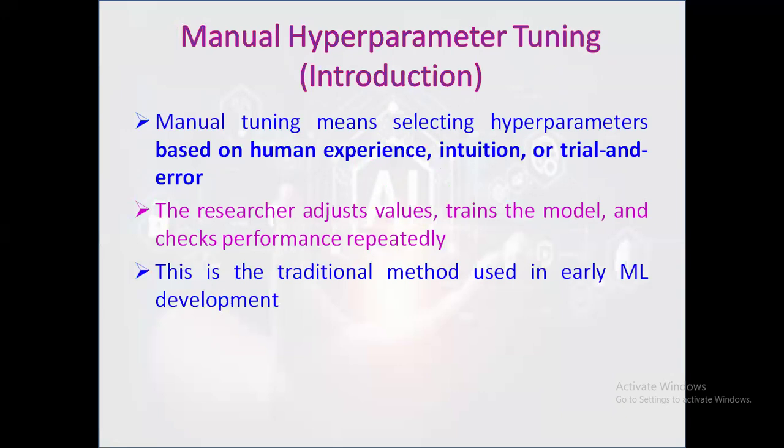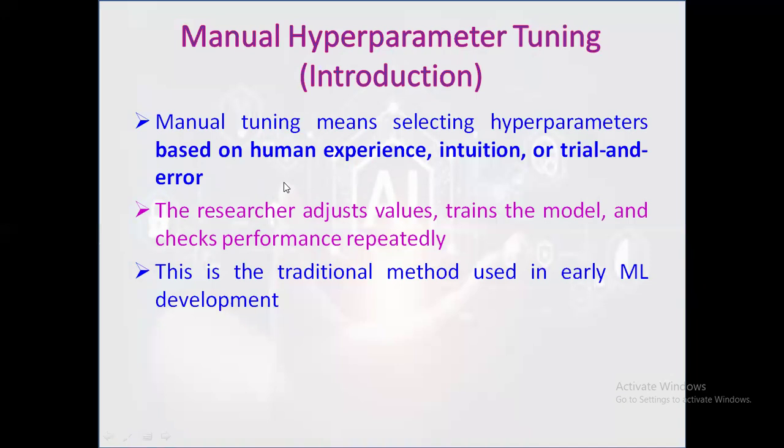Next, manual hyperparameter tuning. We'll see the introduction about that. Manual hyperparameter tuning uses experience, intuition, or trial and error methods. In manual tuning, the practitioner relies on past experience, theoretical understanding, or experimental testing to decide which hyperparameter values to try.